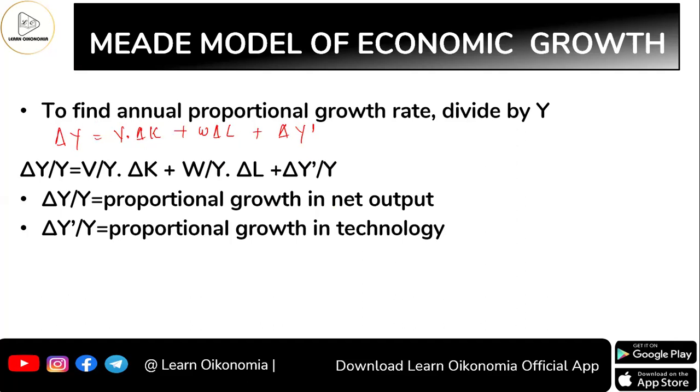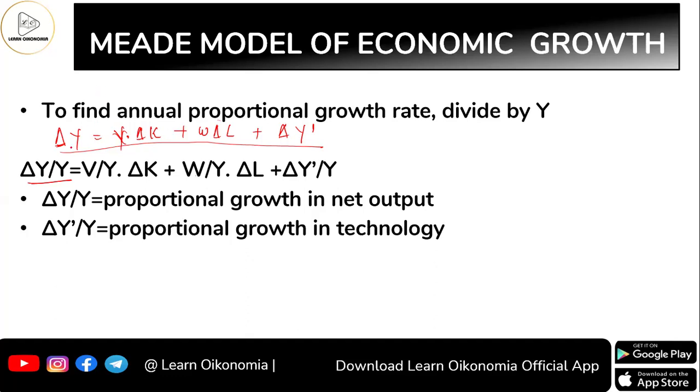So in order to find it, just take this particular equation and divide both the sides of the equation by Y. So this delta Y becomes delta Y by Y. V times delta K becomes V by Y times delta K. W delta L becomes W by Y times delta L and delta Y dash becomes delta Y dash divided by Y, because we are dividing both the sides of the equation with Y, right?